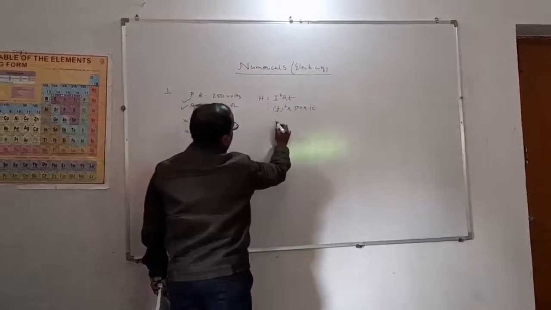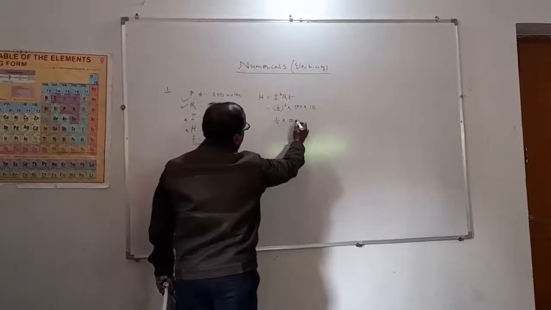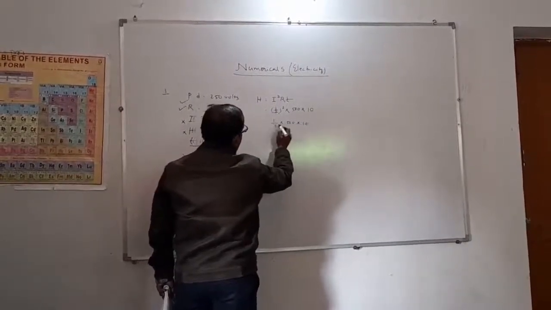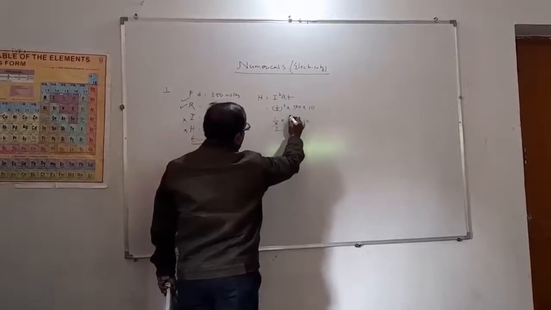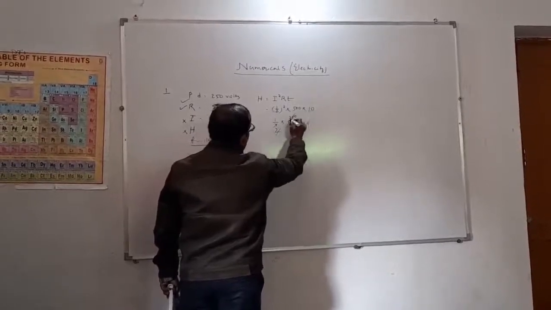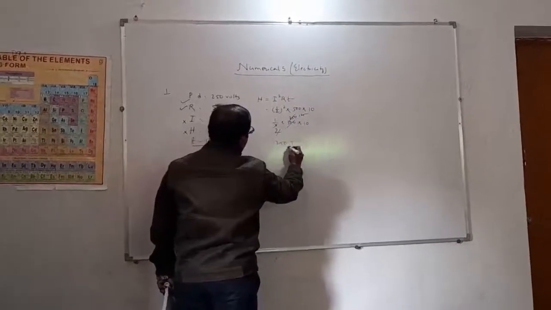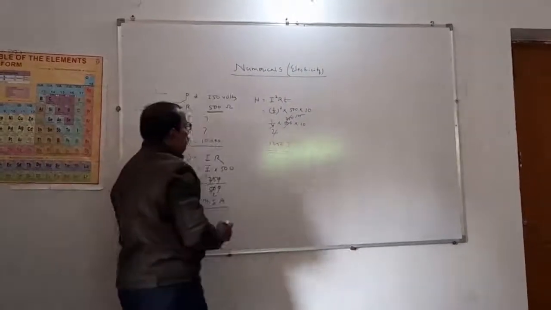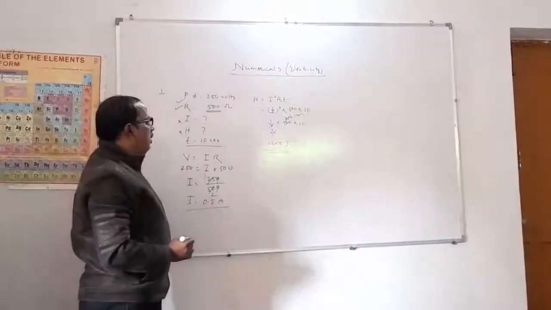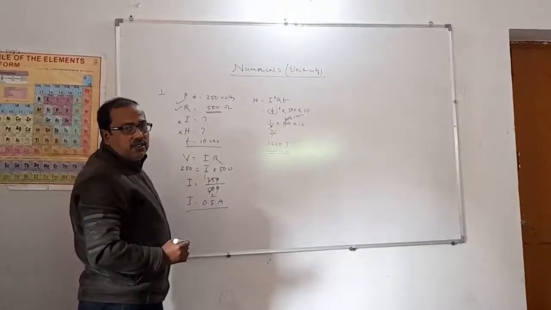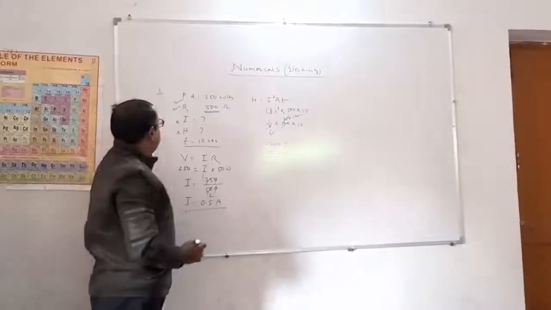So it is 1 by 4 into 500 into 10. 250 to 125. It is 1250 joule. So heat energy produced is 1250 joules. This is the first question.